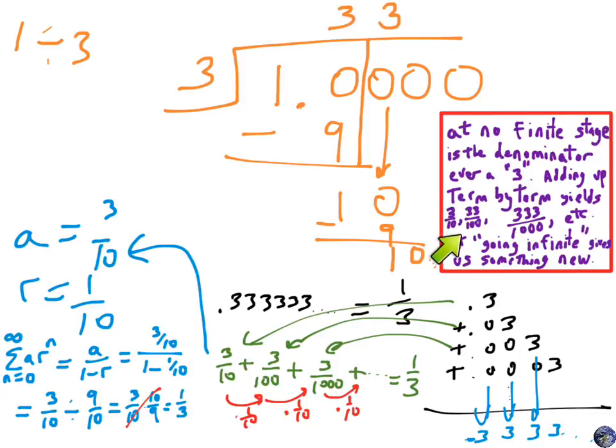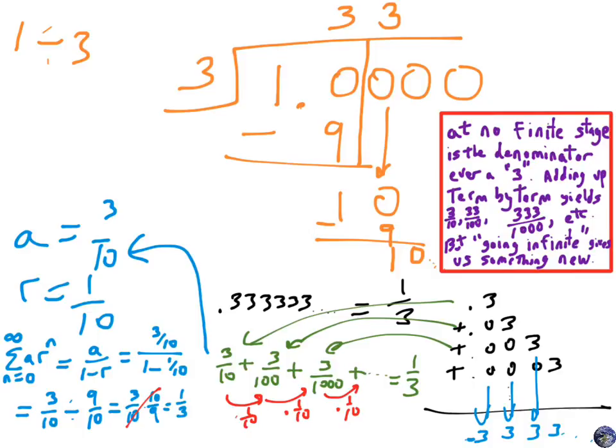At each individual stage, the denominator is always a power of 10. But somehow, when we add up infinitely, that power of 10 goes away, and it gives us something new: a 3 in the denominator, which didn't happen before. So the moral of the story is that when you go infinite, unexpected things can happen that didn't happen if you stopped at any finite case.